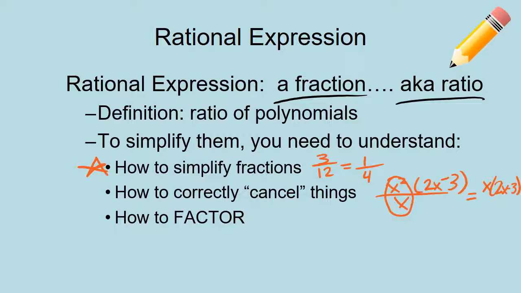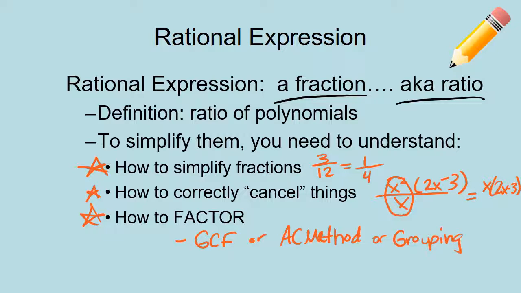And then of course, to factor. So 3 ways to factor. You're going to do GCF, or you're going to use the AC method, or if you have 4 terms, you're going to have grouping. So I'm not going to spend a lot of time on factoring. If you need extra review, look for our previous factoring video or in your notes.